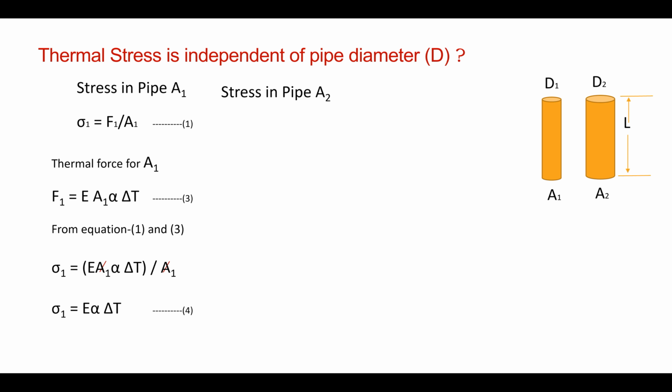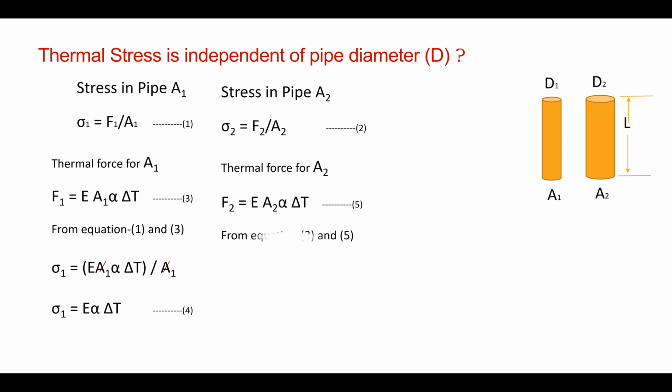Let's calculate the stress in pipe A2. In a similar way, sigma 2 is equal to F2 over A2. The thermal force in pipe A2 will be F2 is equal to E A2 alpha delta T, and from equations 2 and 5 we can say that sigma 2 is equal to E A2 alpha delta T divided by A2.